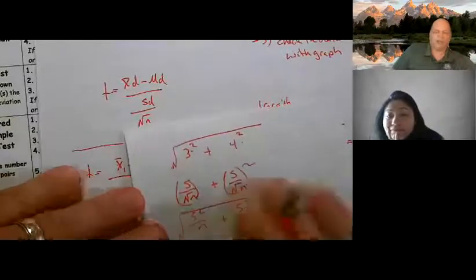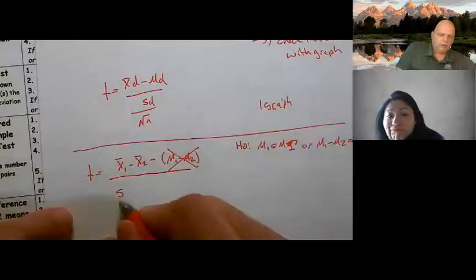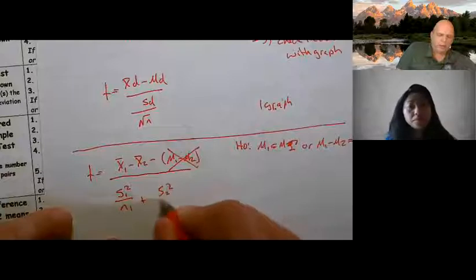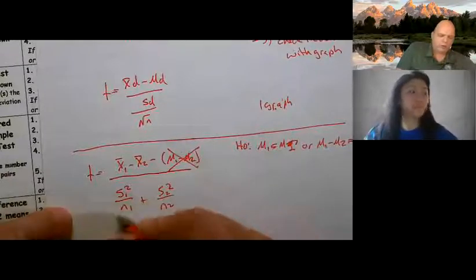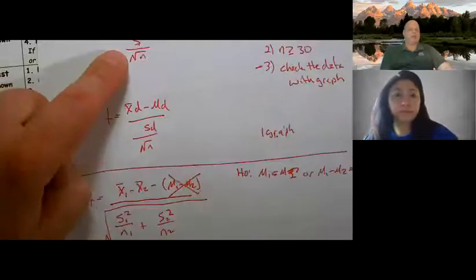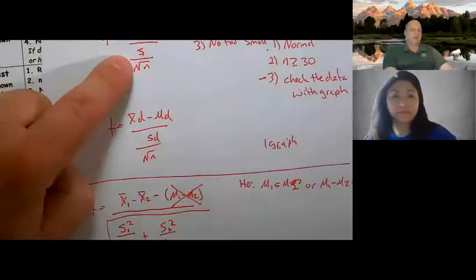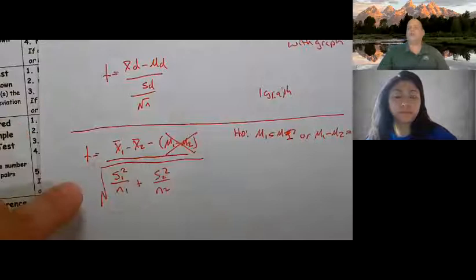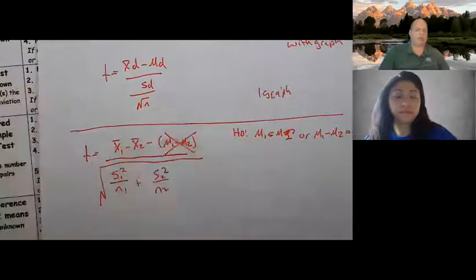And that's where the denominator came from. So s1 squared over n1 plus s2 squared over n2. So really all I did was take what we had up here and squared it and put it all under a radical, and I had to do it for the x1 and the x2. So that's where this formula came from. I'm not sure if that helped or not, so I'm going to pause.